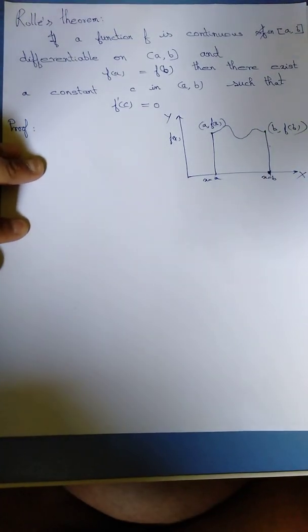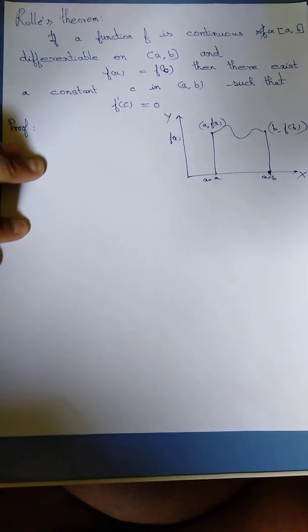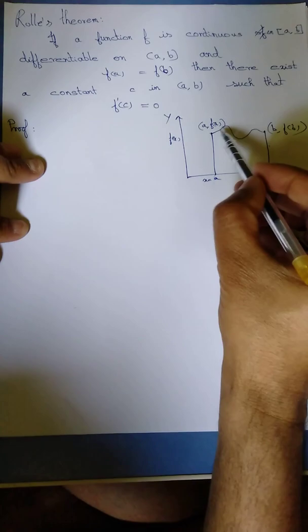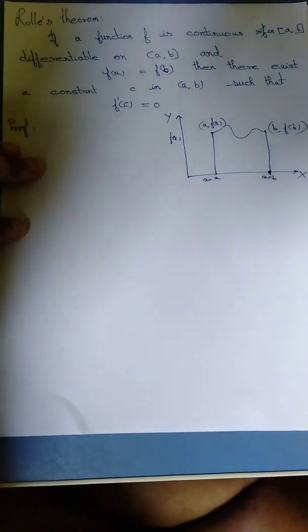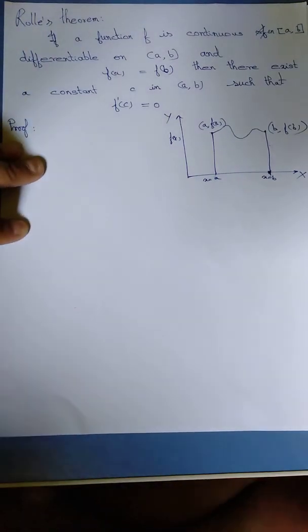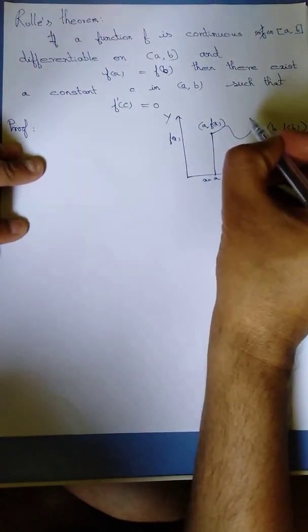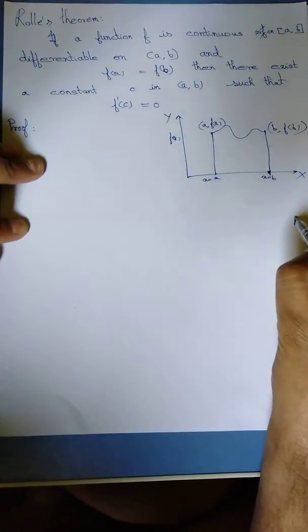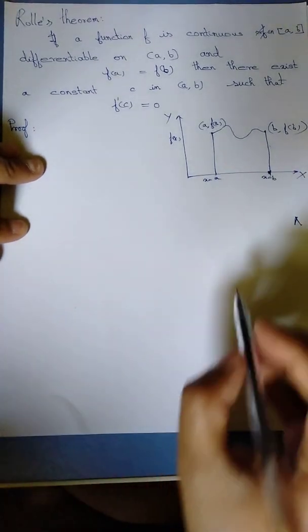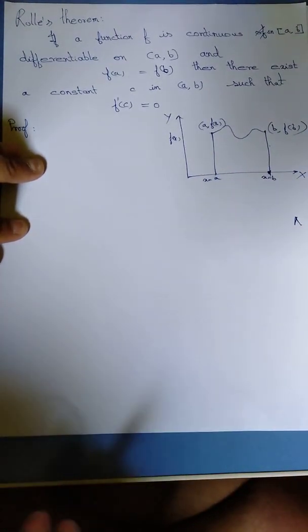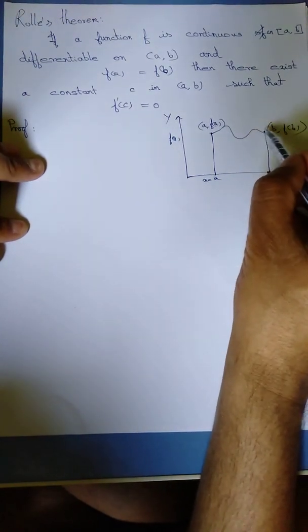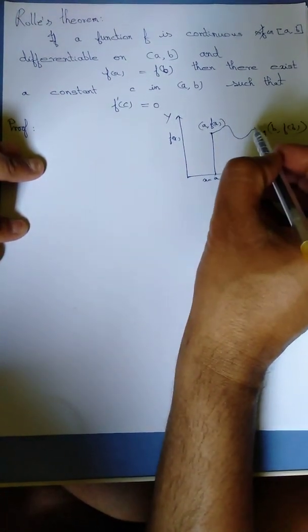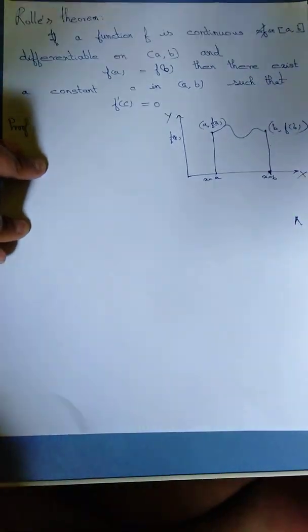Not only that f is continuous, but it's also that f is differentiable. That means there is no sharp point anywhere. You cannot draw the graph something like that, which means that you can always draw tangent to the graph at every point.